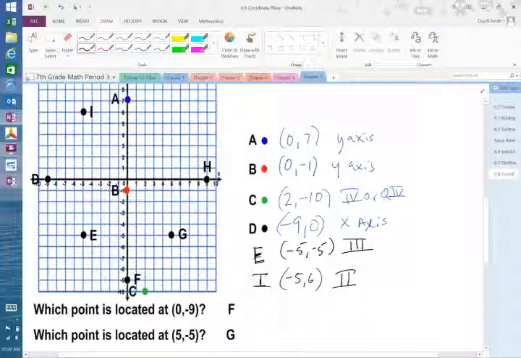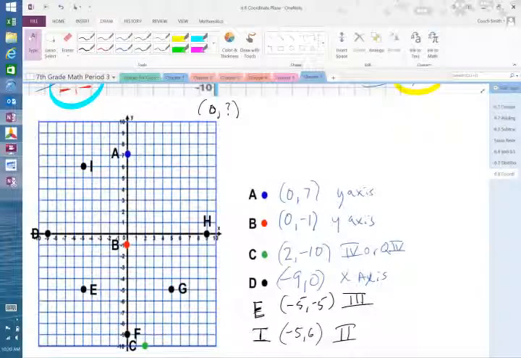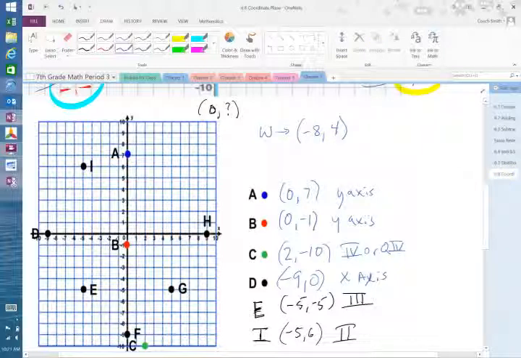Now, we're going to put point W. There's no W on there. I realize that. I want you to graph this point, W. So you're going to find those coordinates, find where the point is located, put a point on there, and then put a W above it so you know where it's at.